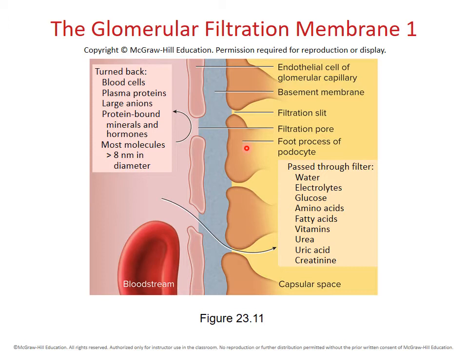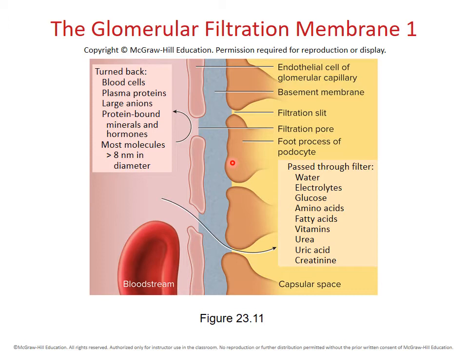And it's these pedicels that tend to wrap around the capillaries, again with their jagged edges that tend to interlock with one another, almost forming what looks like the serrated sutures of the skull. Here we just call them interdigitating pedicels or foot processes of the podocytes.